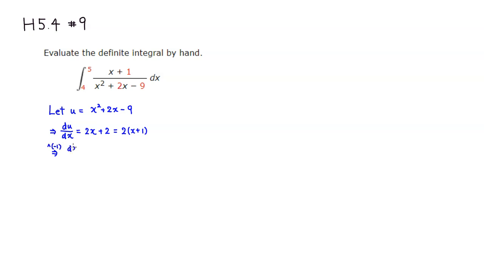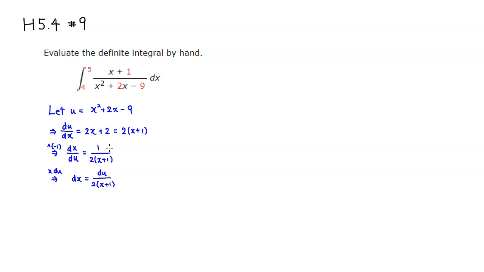So you have dx over du is equal to 1 over 2 times quantity x plus 1. Then we want to isolate dx, so we multiply through by du. So dx is equal to du over 2 times quantity x plus 1.